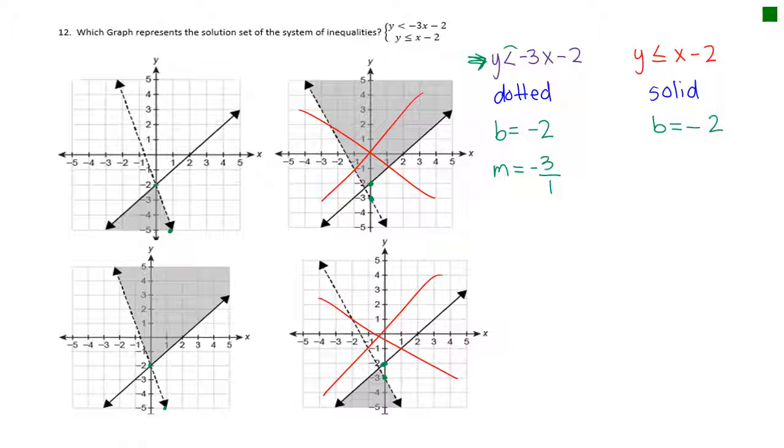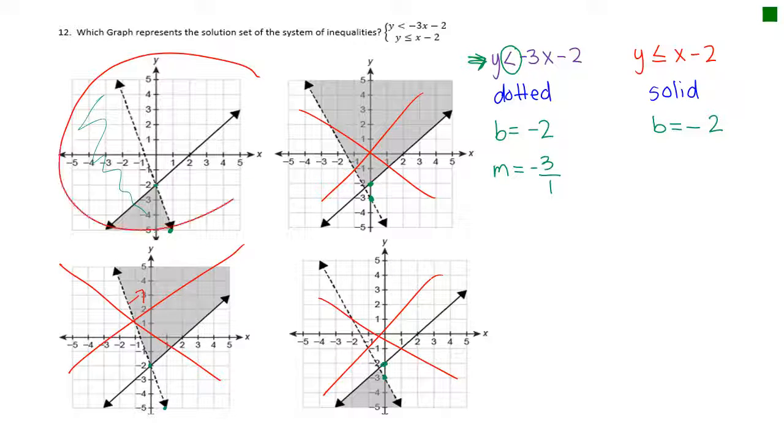This one is less than, which means it's everything below our dotted line. Everything below our dotted line is going to be to the left then. This one down here is showing everything above the line, so it can't even be that one. So our solution is that first one.